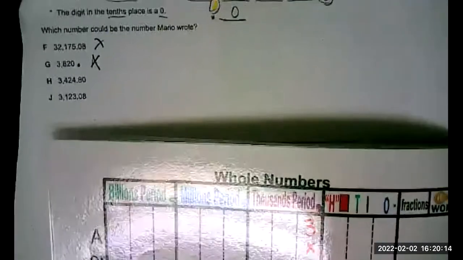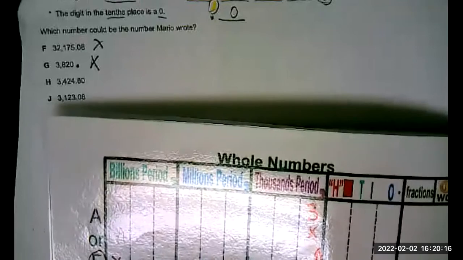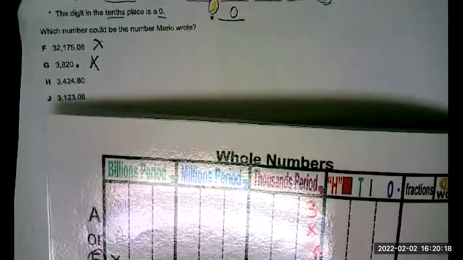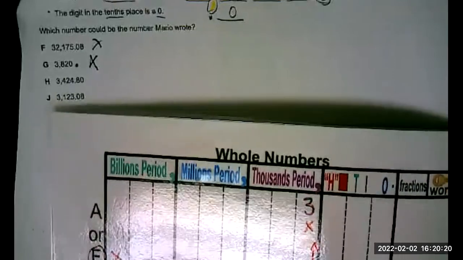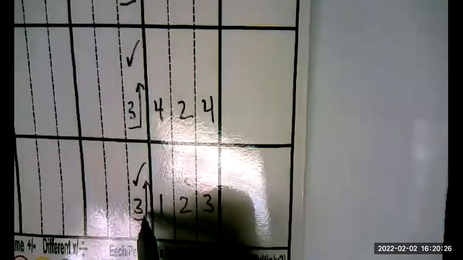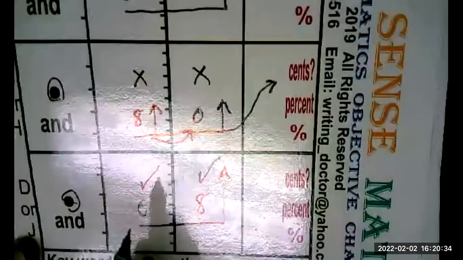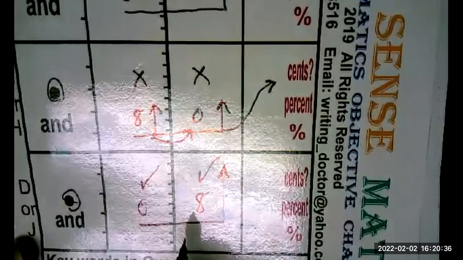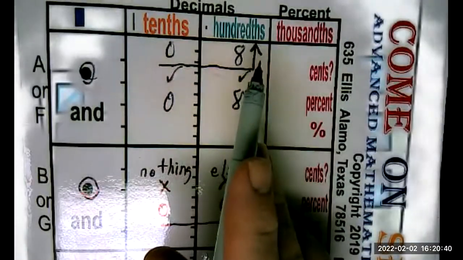So it's going to be correct in all 3 pieces of the puzzle that are added. 3,123 and 8 hundredths. There's your 3,123, 3, comma, there on top, check 123, and 8, the number, and hundreds, what we'll call the address.